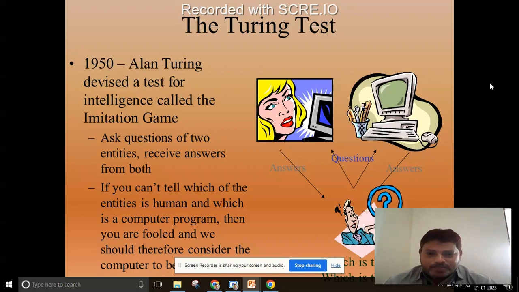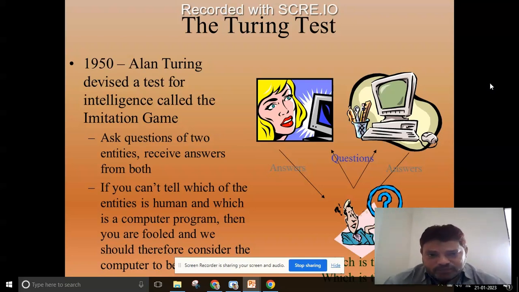Then there is a third person, the interrogator, who interrogates the two compartments using textual communication. The interrogator gives questions to both compartments, one with a human and the other with an AI machine, and gets the answers back.